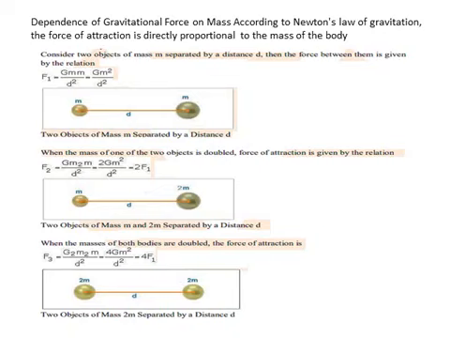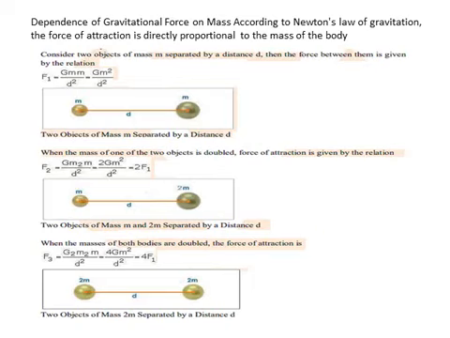Here we have taken three cases, where the first case is that both bodies have equal mass. See the diagram here. The left side body has a mass m and the right side body also has a mass m. So both of them have equal masses. How will the force be affected?